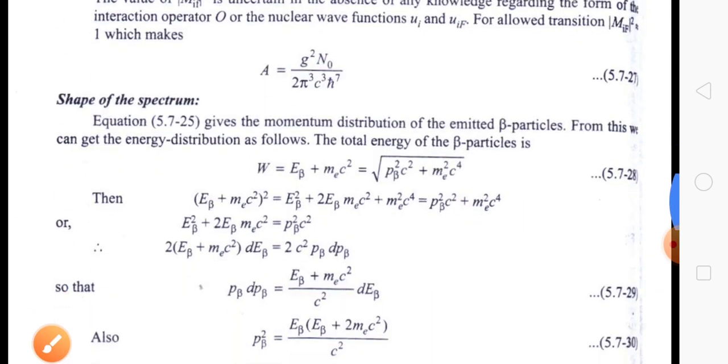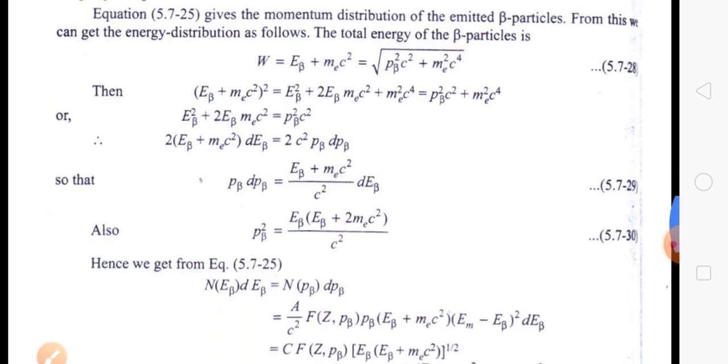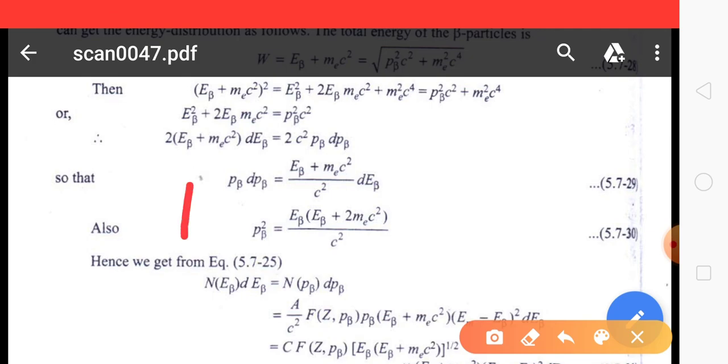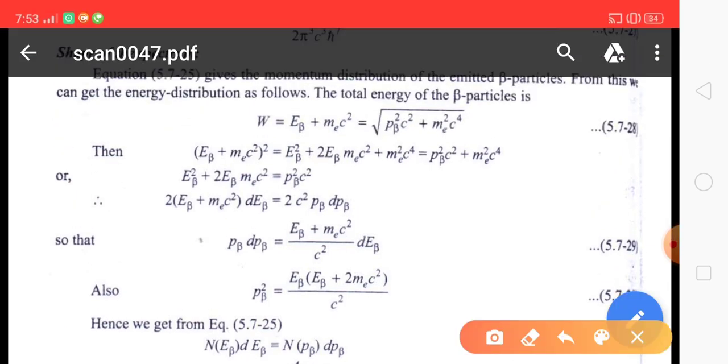This equation gives the momentum distribution of the emitted beta particles. From this we can get the energy distribution as follows. The total energy of the beta particles is W equals the kinetic energy of the beta particles plus m_e c squared. This can be rewritten like this.